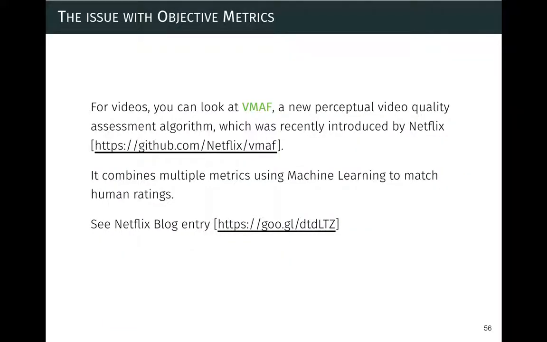So the same team and people at Netflix, because Netflix was very much interested in delivering the best quality of video possible, developed this metric called VMAF, and it's a similar idea to SSIM.